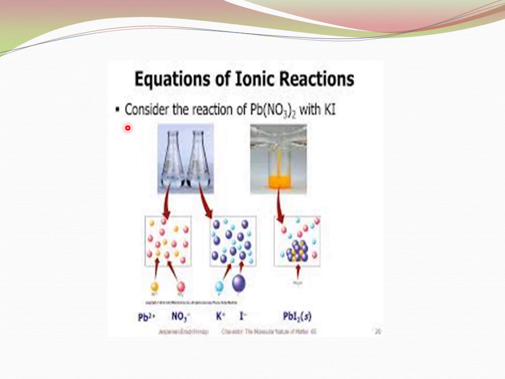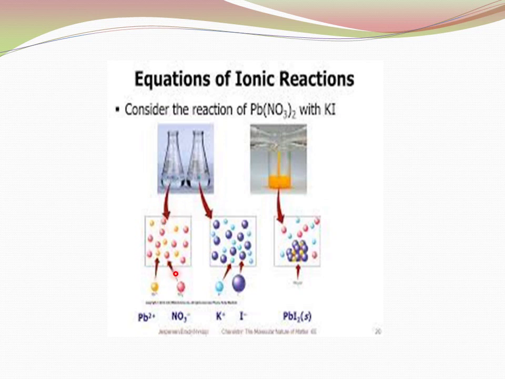Example. I have two solutions. In flask number one, I have solution number one, lead nitrate. In solution number two, I have potassium iodide. According to solubility rules, lead nitrate is soluble and potassium iodide is also soluble.